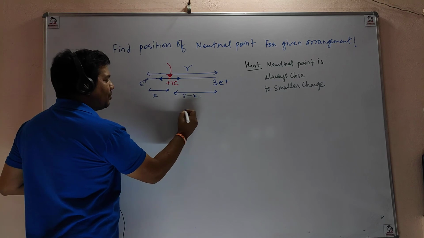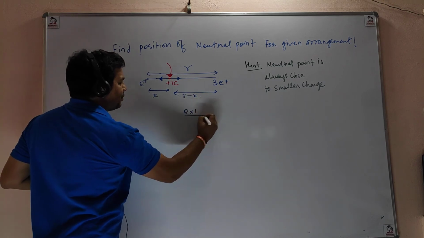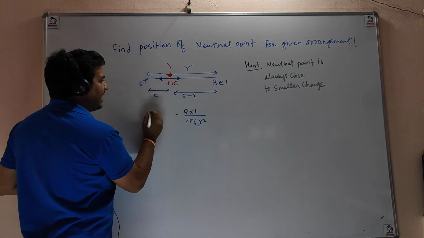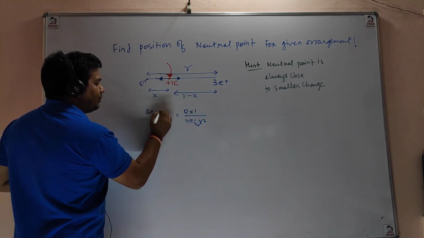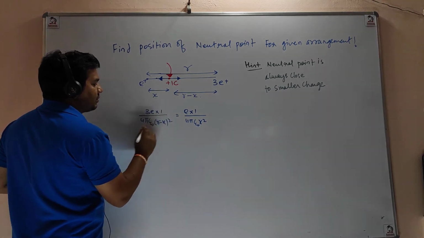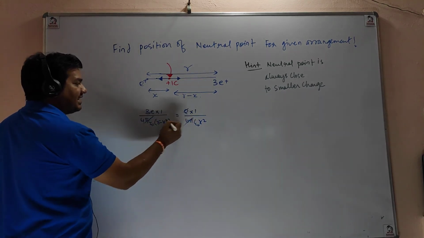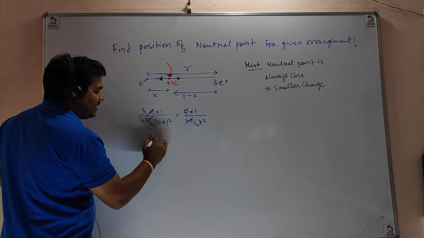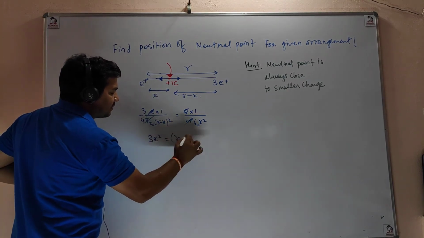So the right hand side force is q1 into q2 divided by 4 pi epsilon naught x square, and the left hand side force is q1 into q2 divided by 4 pi epsilon naught (r minus x) whole square. 4 pi epsilon will get cancelled, E will get cancelled. So we get 3x square is equal to (r minus x) whole square.